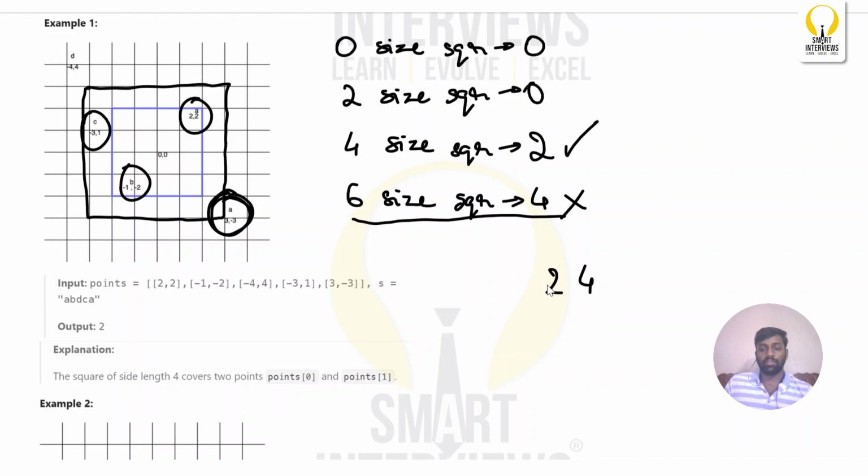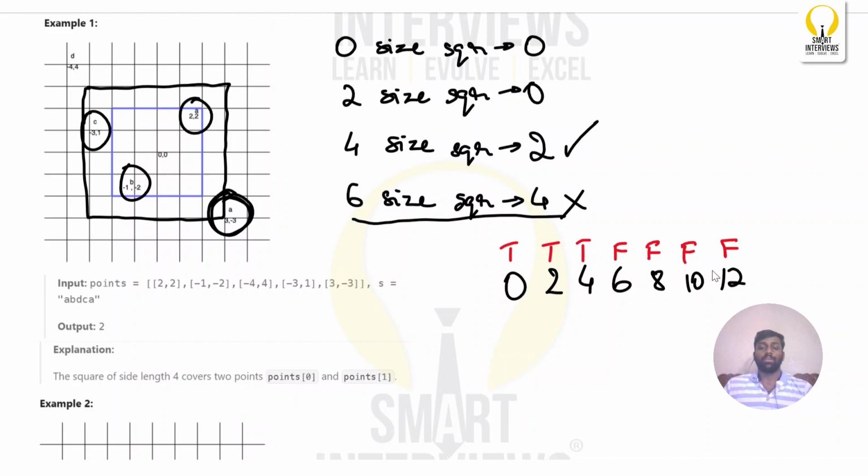Hence, we might find a valid square at 2, we might find a valid square at 0, and we found an invalid square at 6. Then we might not find a valid square at 8 or 10 or 12. So the pattern comes out something like this: true, true, true, and from here on we start finding false.